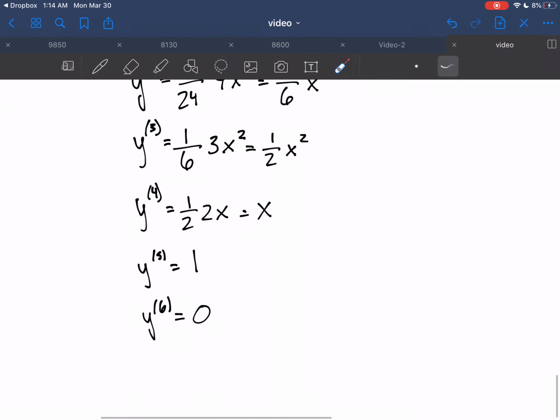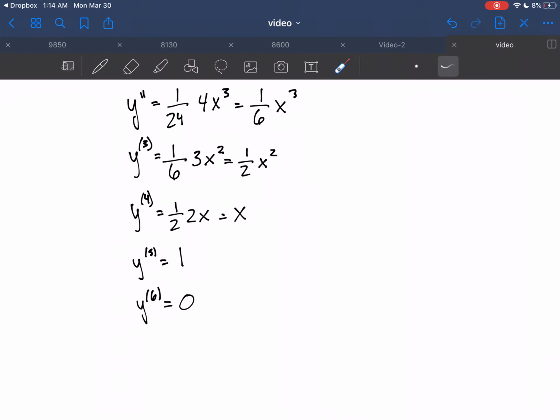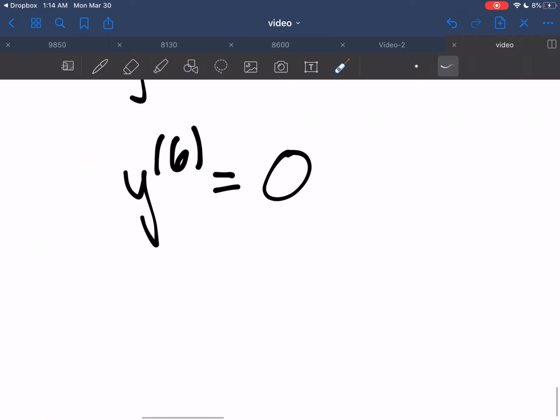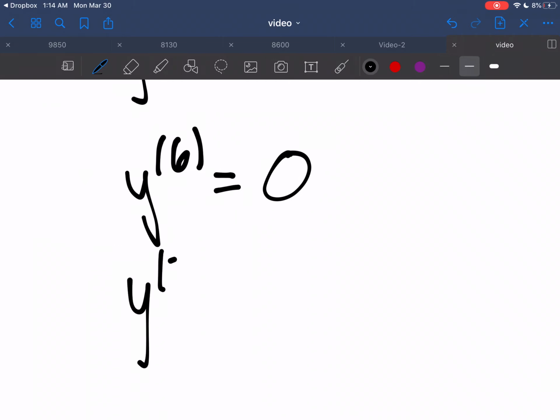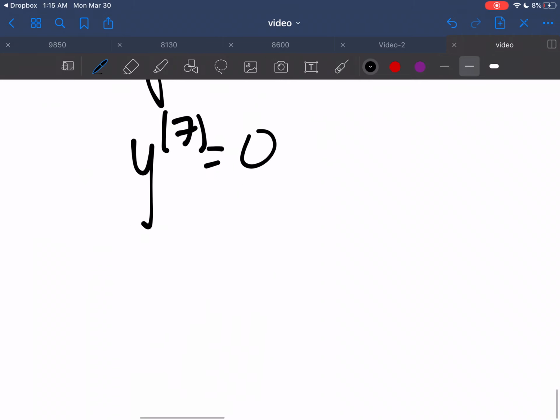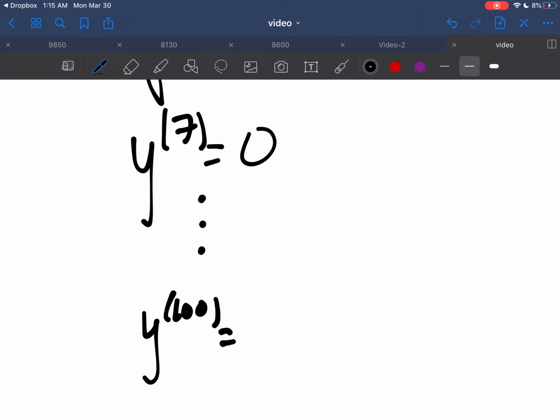Now, once my derivative goes to 0, any higher derivatives I take of this are just going to keep spitting out 0. Your derivative of 0 is always just going to be 0. So if I kept going, y to the 7th would still be 0, y to the 100th would still be 0.